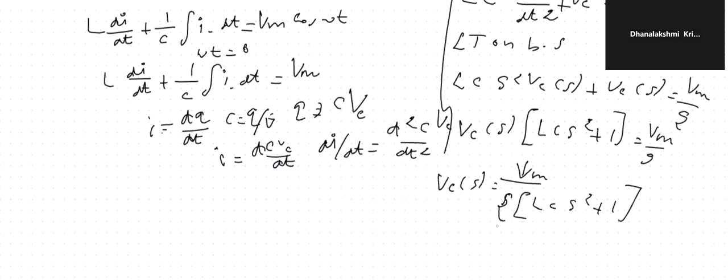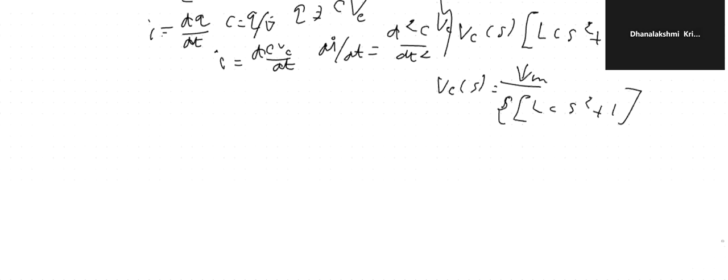Then omega n is equal to 1 by root of LC. Then 1 by LC is equal to omega n squared.